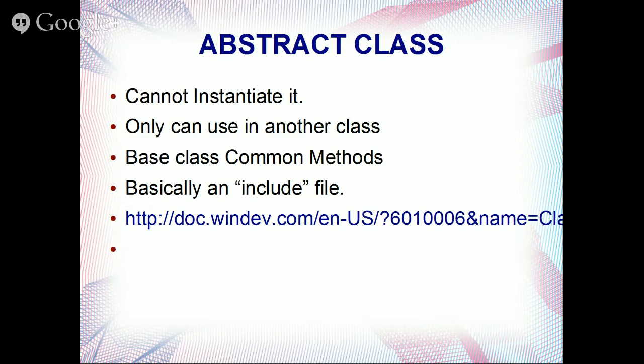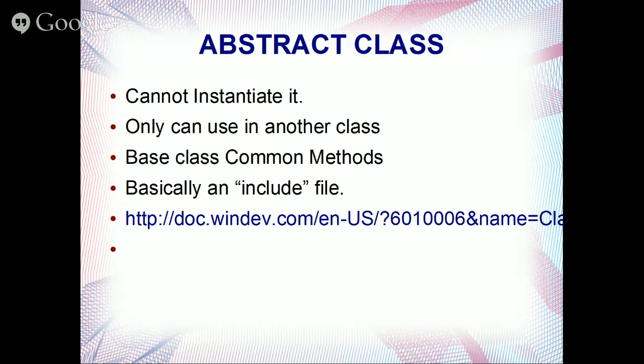An abstract class, when it's defined as abstract, you cannot instantiate it. In other words, you can't declare it and use it directly. I cannot call a method of the abstract class directly from my WinDev code. You can only use it in another class, and basically it is a base class of common methods: setup of fields, setup of methods, properties, things that you use in other classes.